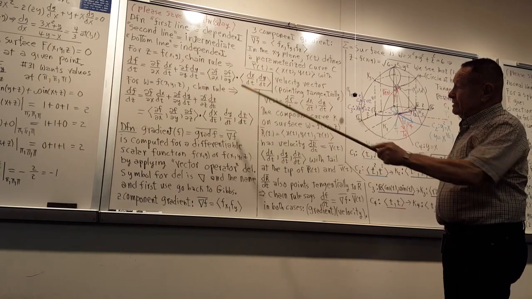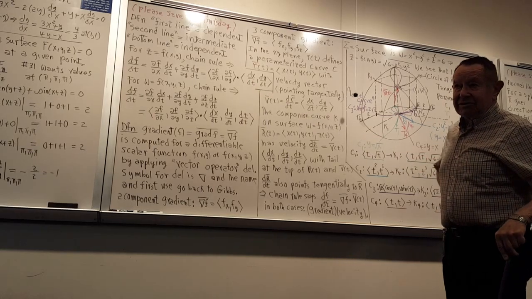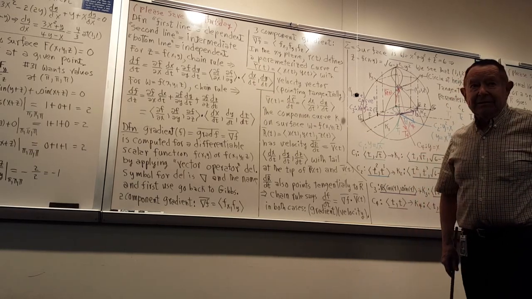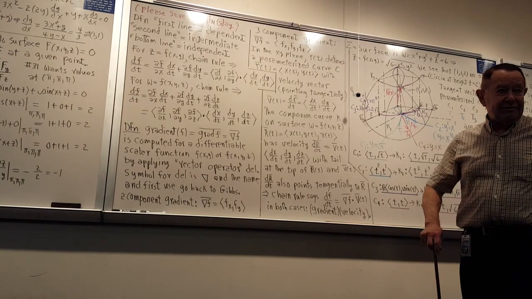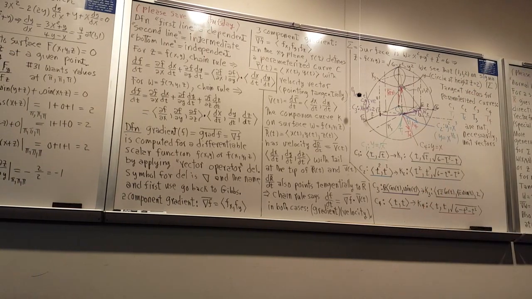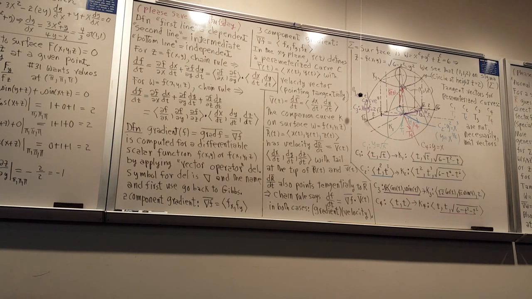So this is a convenient way to write things, and it also gives us quite a bit of insight into what ultimately will prove to be going on, as you'll see in just a few minutes.